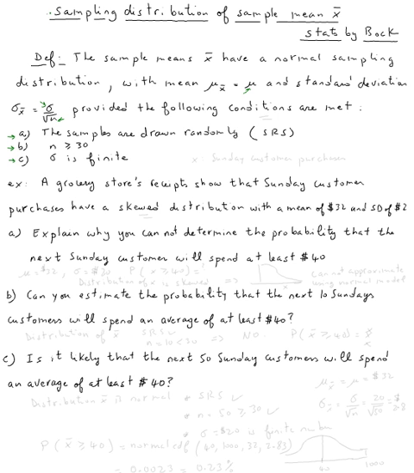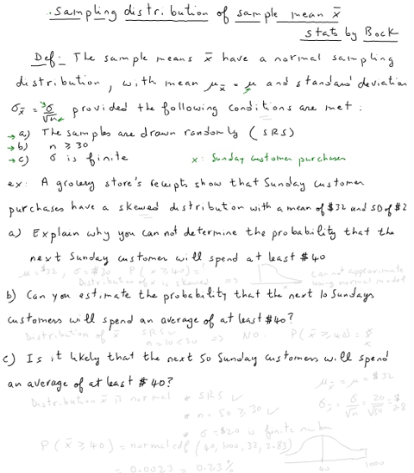A grocery store's receipts show that Sunday customer purchases have a skewed distribution with a mean of $32 and standard deviation of $20. So remember, X represents what? X represents the random variable, Sunday customer purchases, and of course it's in dollars.